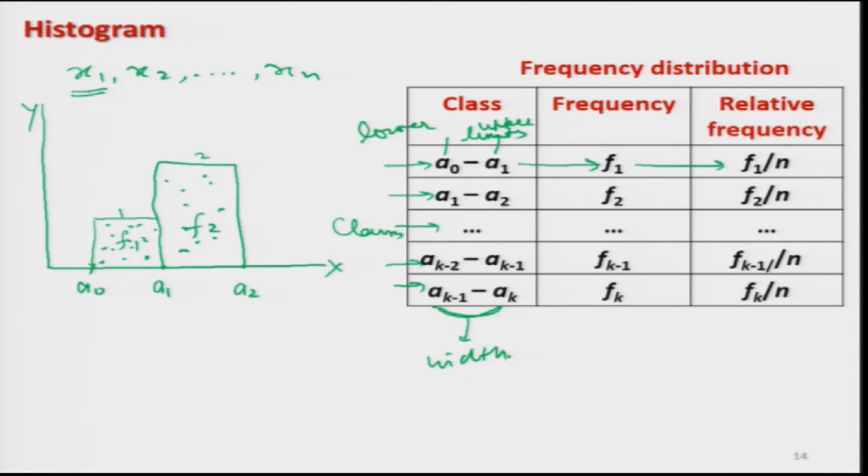So, one thing that we do is assume that all these values are spread around the mid value, which is determined by A0 plus A1 by 2 for the category 1, and for the second interval A1 to A2, the mid value will be A1 plus A2 divided by 2. So, I will assume that all the values are concentrated in the mid value.